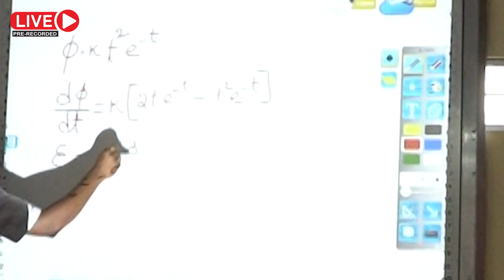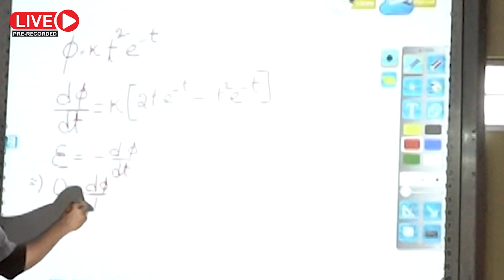Okay. Now from Faraday's law we know that E equal to minus d phi dt. And if current is 0, then EMF should be 0. Then I can put here directly 0 and say that d phi dt is also 0. Then from that equation, it will be a 2t common, e to the power minus t common.